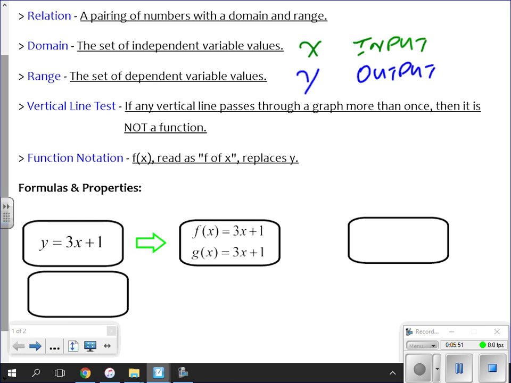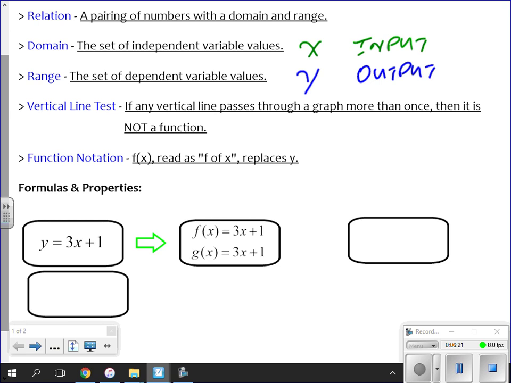Instead of saying y equals 3x plus 1, we say f of x equals 3x plus 1. G of x equals 3x plus 1. Or whatever we want, we can state that. Okay? The nice thing about function notation, and you will see this example later, makes it really easy to evaluate things. You used function notation when you were doing your skill test.